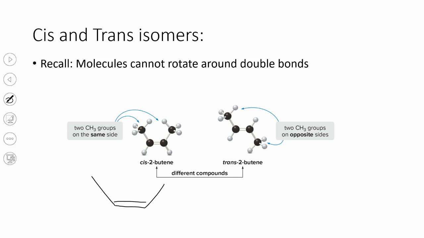Okay, and then our double bond is down here. So we have two carbon groups on the same side. That's a cis molecule, and this is the same, it's 2-butene, but if we just draw it like we've been doing, this is trans. If we cut it through the double bond, there's a carbon group above it and a carbon group below that.